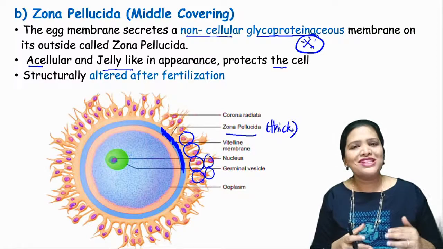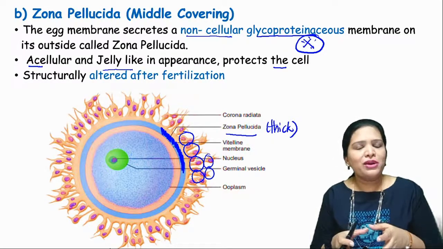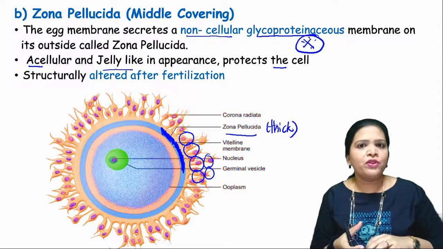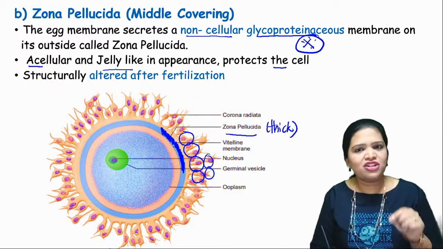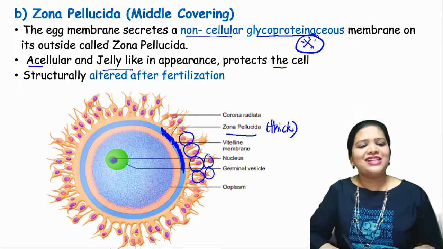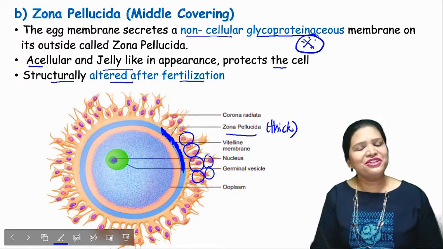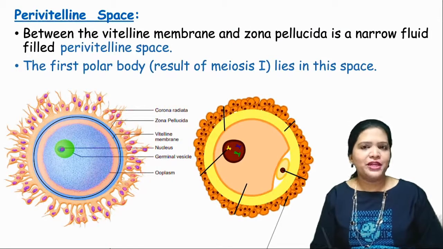Once one sperm does its fertilization, the zona pellucida changes its structure so that the second sperm cannot enter. That's why zona pellucida is a very important structure in an egg cell. The zona pellucida structure is altered after fertilization. Clear? So this is the second covering.